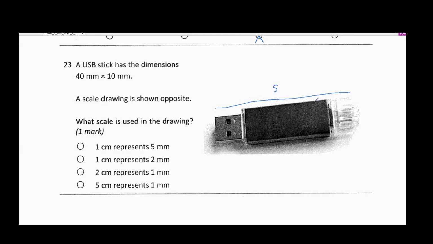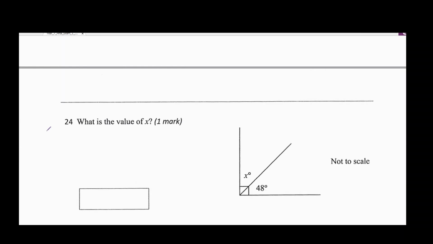How many centimeters? I'm not sure. I'll put question mark. I'm not sure if it's 5 centimeters. And then knowing that should be 40 millimeters, because this is the 10 millimeter bit. That's the 10 millimeter bit. That's the 40 millimeter bit. This is with your ruler, something centimeters, and you'd have to figure it out. All right. So I can't help you with that one.